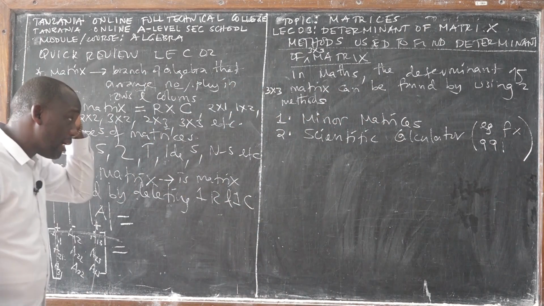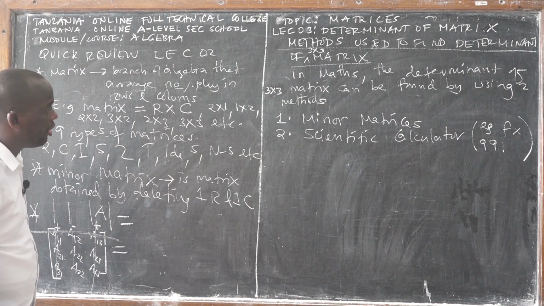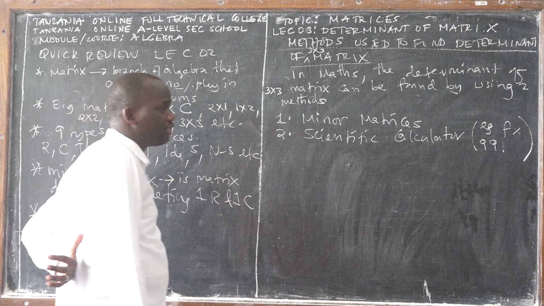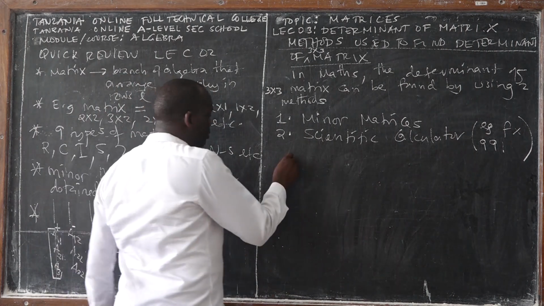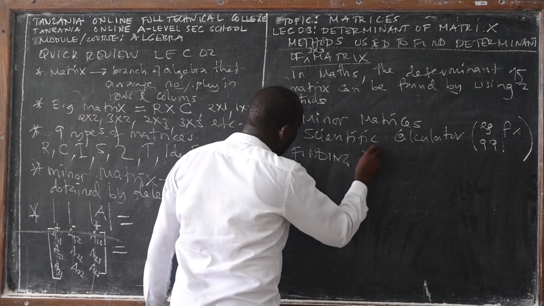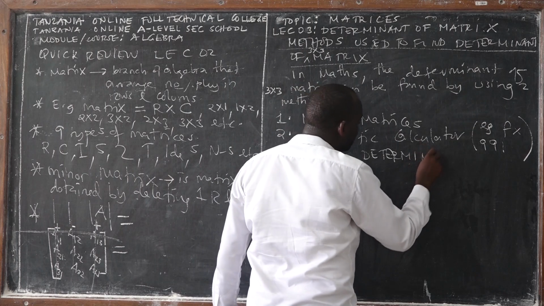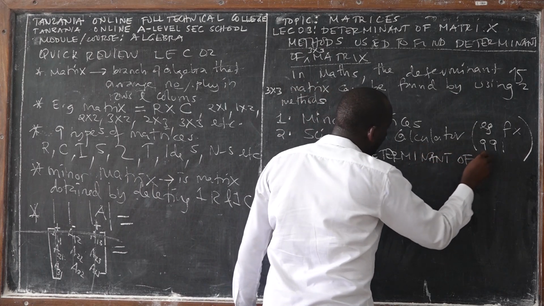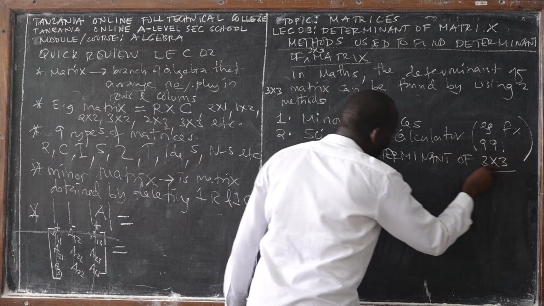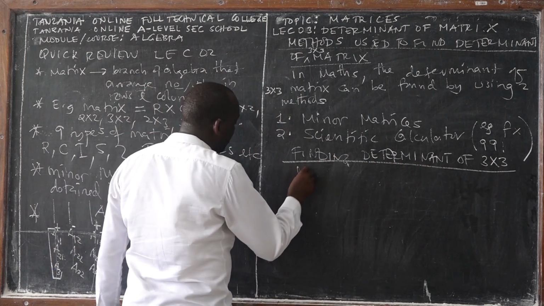So let us find the determinant of a 3 by 3 matrix by using minor matrices. Finding the determinant of a 3 by 3 matrix using minor matrices.